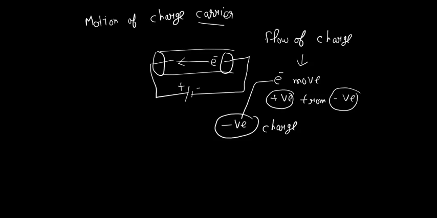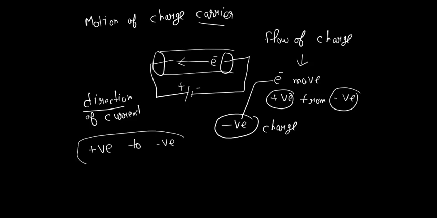In a conductor, the direction of electrons is such that it represents the direction of current. So actually, if we have to represent the direction of electric current, electrons move in a conductor from the negative to the positive terminal.